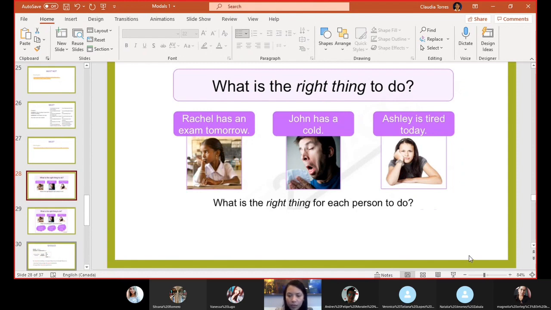Oh, I'm gonna take the screenshot for Silvana. Okay. So remember, you can write in the chat or you can speak to practice. So it's up to you.